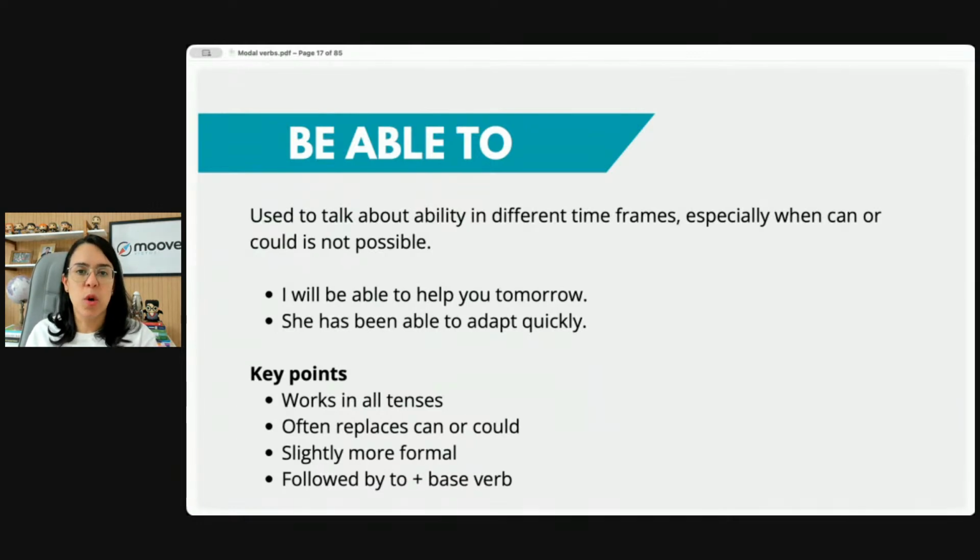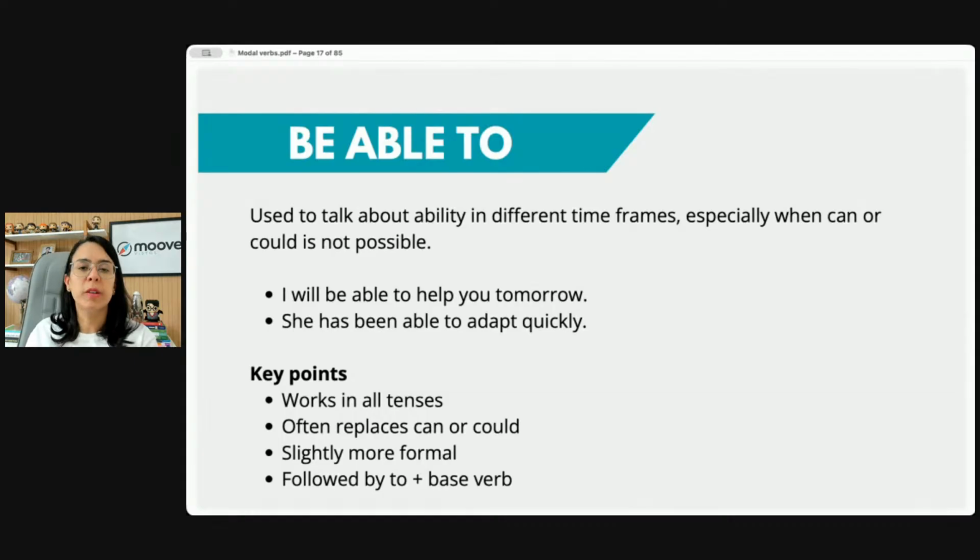It is more formal. So, for example, if you are doing a proficiency exam, instead of saying, I can do something, say, I'm able to do something. This is going to help you elevate your score. For those of you who are doing OET, this is essential, okay?